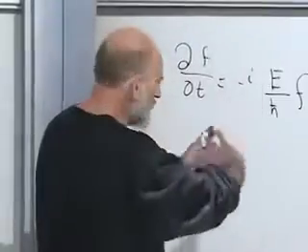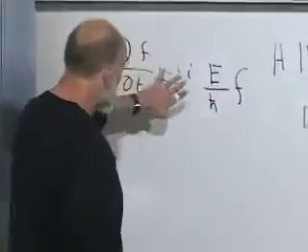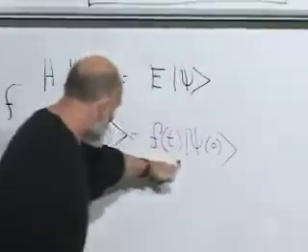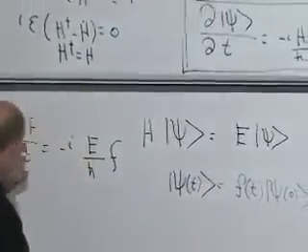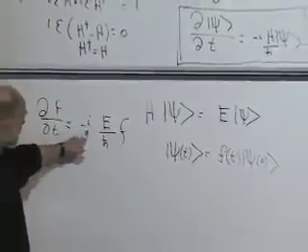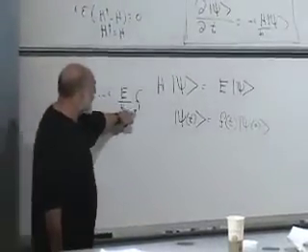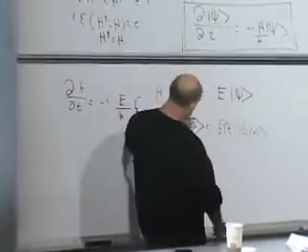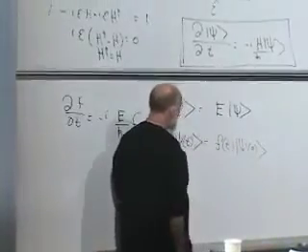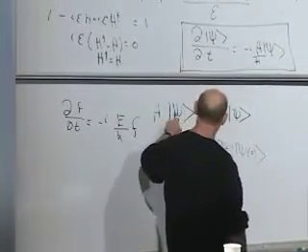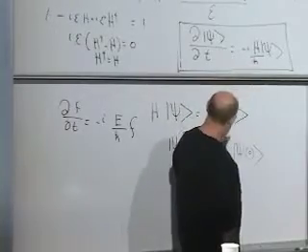But we can just get rid of the vector psi at time t equals 0. This equation just becomes an equation for the function f of t. df by dt is minus i E over h bar f. All I've done is substitute for psi of t, f of t times psi of 0, and then use that H on psi over here is E times psi.